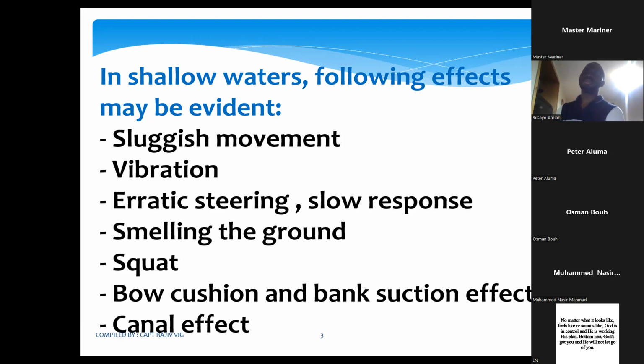Yes, it's making a lot of sense because I've done it well, but I must really say it has little correlation with banking and cushion effects. Especially with supply vessels on DP, when you're going alongside the reef, sometimes I just stop and allow the current to push me alongside.